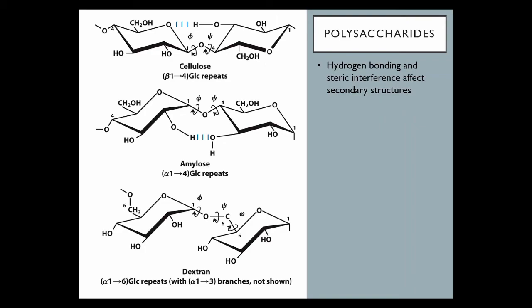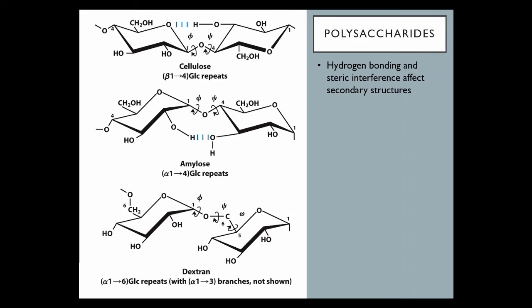And then the secondary structure would be whatever shape the polysaccharide folds up into. Just like with a polypeptide, the glycosidic bonds between monosaccharides within a polysaccharide can rotate, if there are two carbon-oxygen bonds.